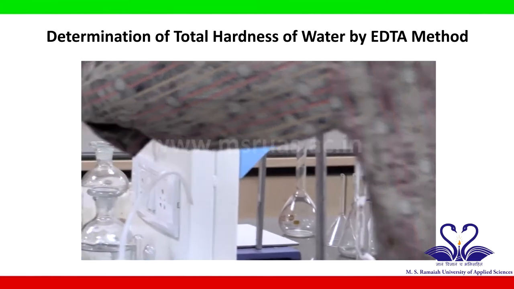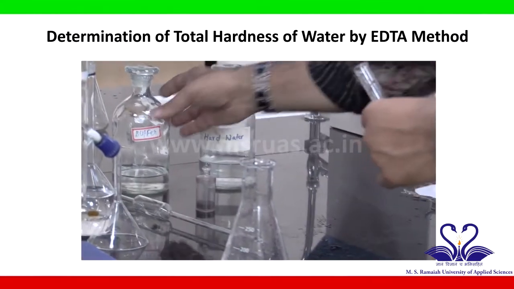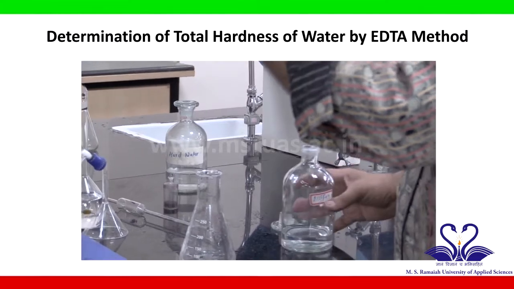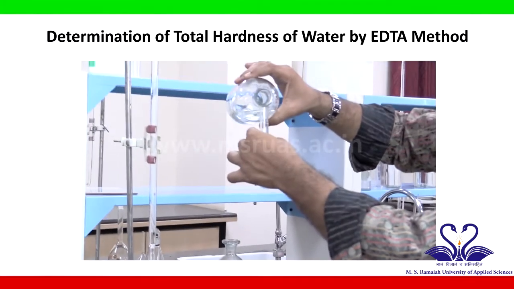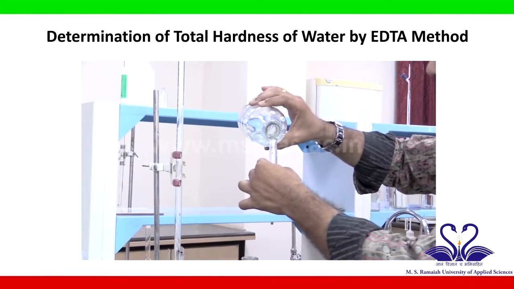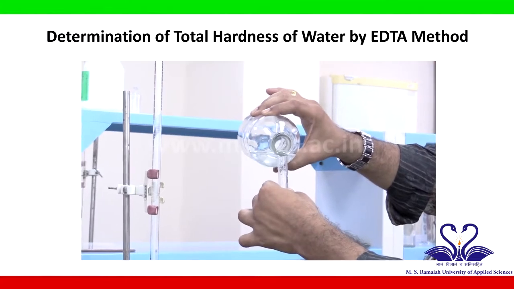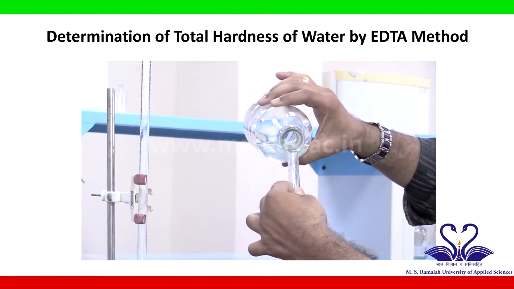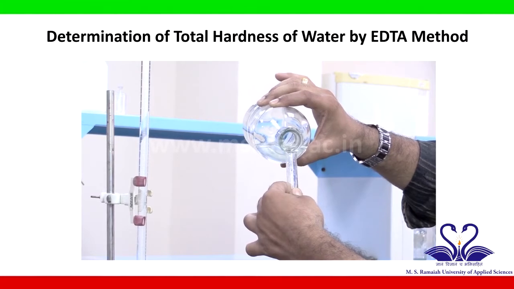For that I am using buffer solution. So 5 ml of buffer solution, approximately it will be half a test tube. So we are using here ammonium chloride buffer to maintain the pH around 10.